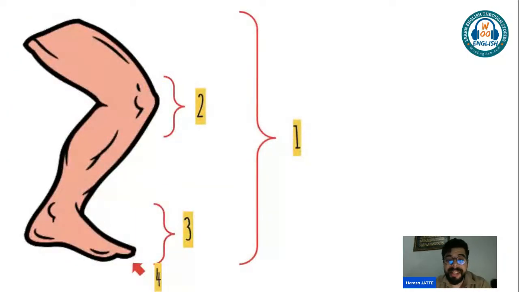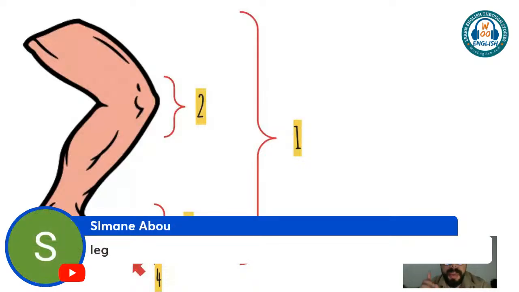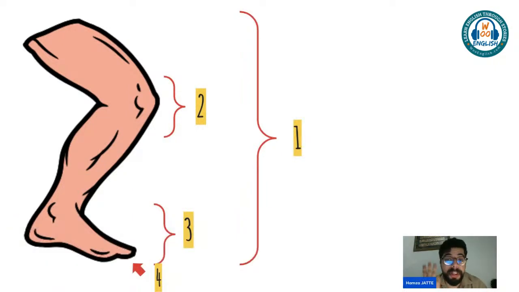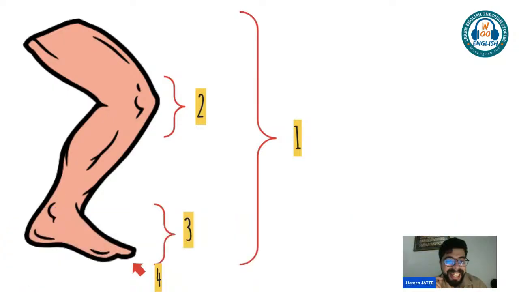What are these things? Pamela says number 2 is the knee, and Alariza also says the knee. Leg number 1, toes number 4. So you are left with number 3 now, guys. Number 1 is leg. I understood you, Salman.